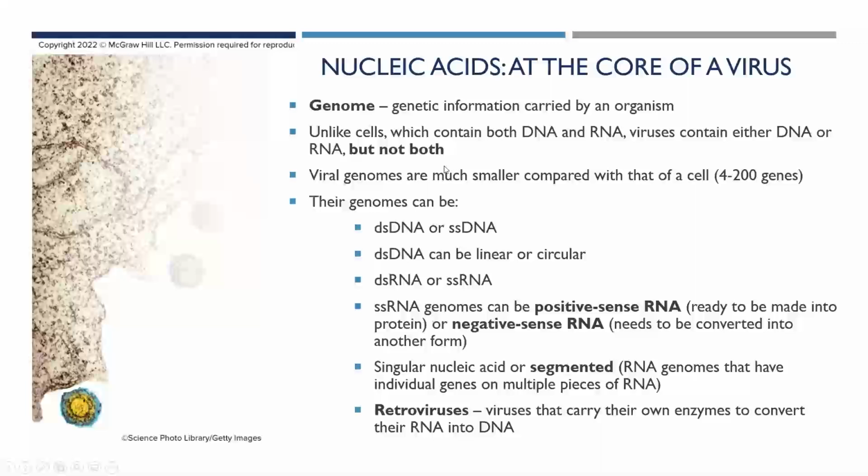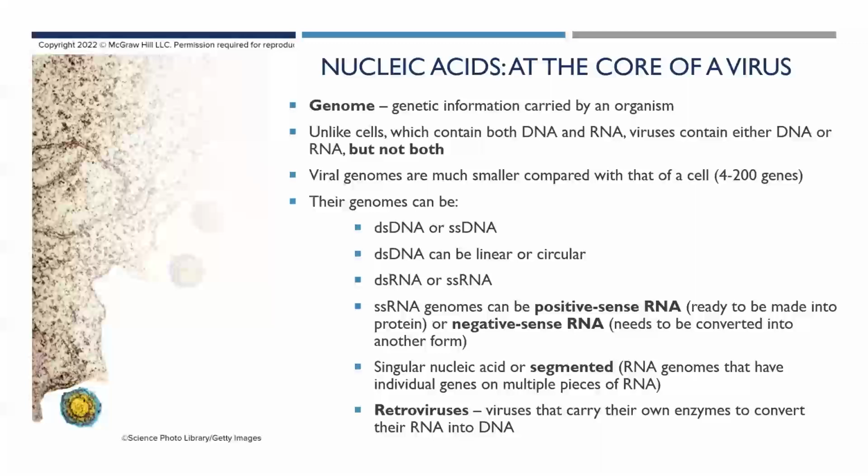Unlike cells, though, that have both DNA and RNA, so if you think of a eukaryotic cell, they'll have their DNA in the nucleus, and then they'll go through transcription and make copies of the genes they want to use and make RNA. And they'll have both. Viruses, though, have to choose. They have either DNA or RNA, but they are not going to have both.